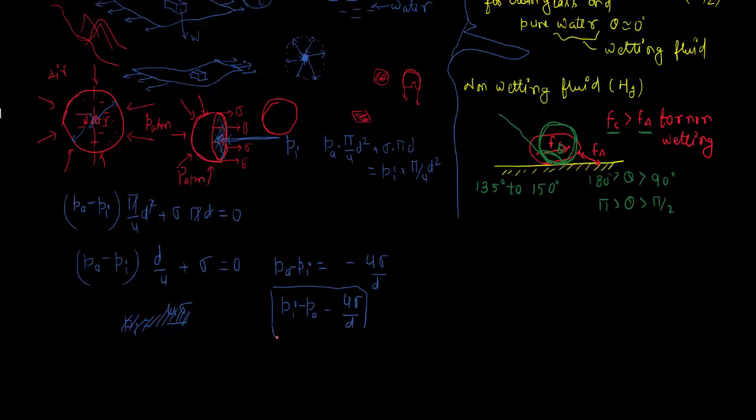So PI is the internal pressure and PA is the external pressure, that is, atmospheric pressure.